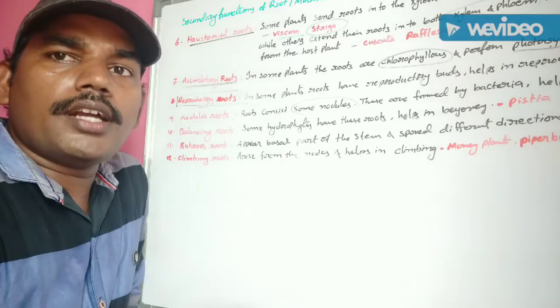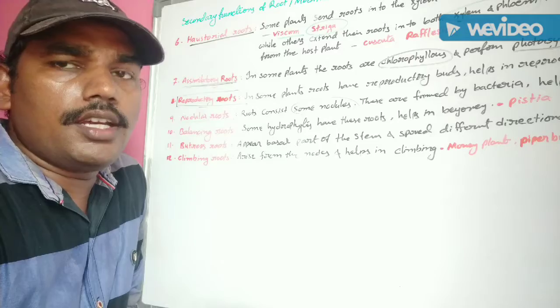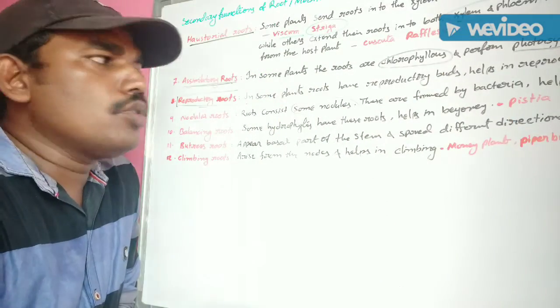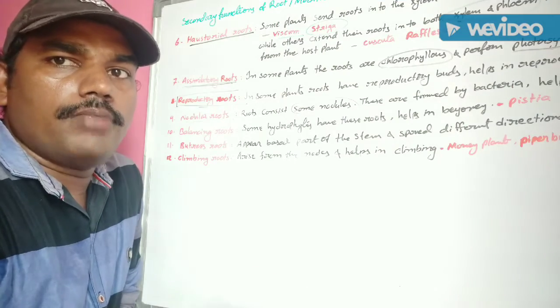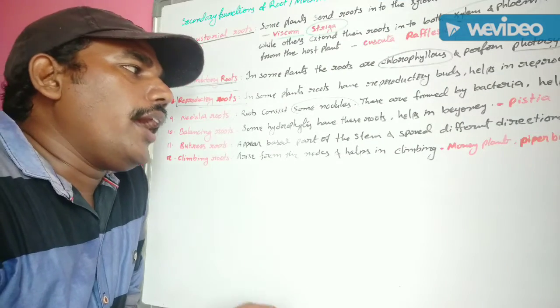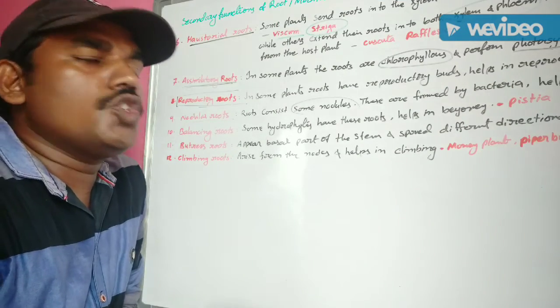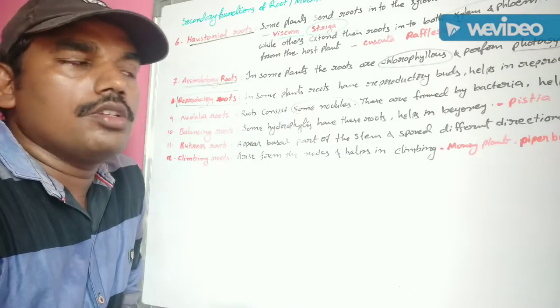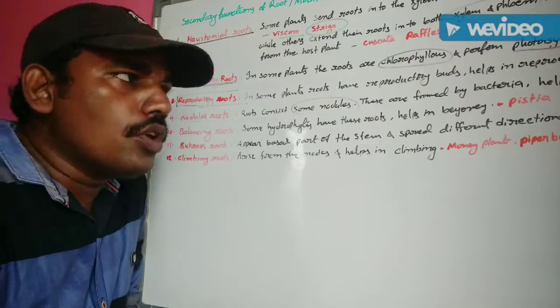This Rhizobium bacterium is a free living bacterium. These bacteria enter into the root, and by the entering of the Rhizobium bacteria, some nodules are formed in the roots. So these are known as root nodules.